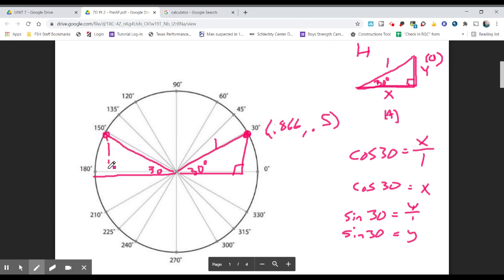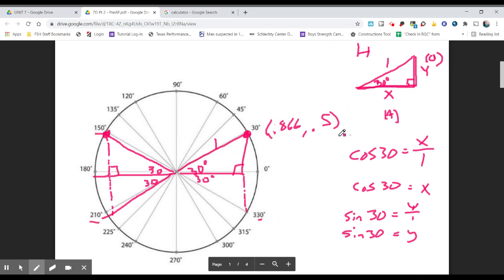So we might be able to find the coordinates of this point here at the 150-degree angle as well. Okay, we can also go 30 degrees down from the x-axis. So if we have a 30-degree angle coming down here, all right, we might be able to find the coordinates of that 210-degree thing, okay? And then 30 degrees going down this way. Okay, we might be able to find the XY coordinates at 330.